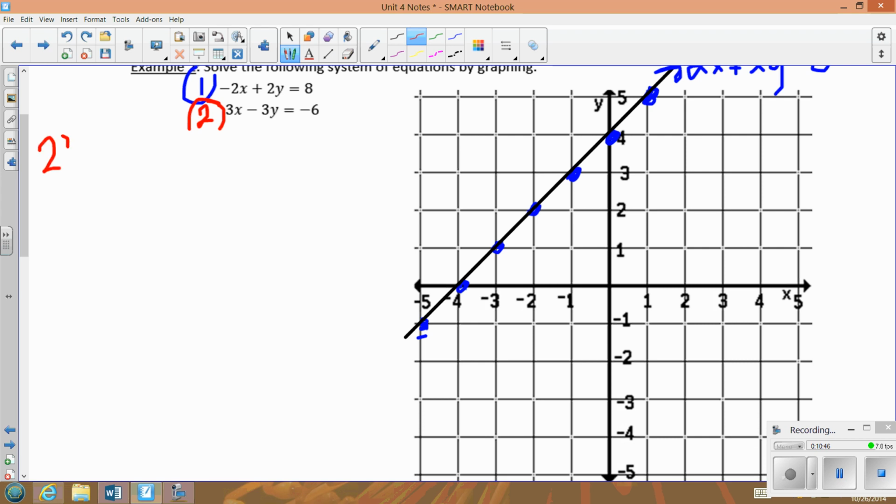Okay, so my second equation is 3x minus 3y equals negative 6. So I'm going to subtract 3x from both sides.